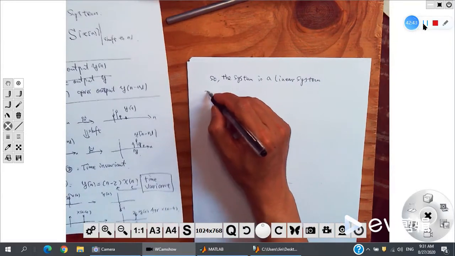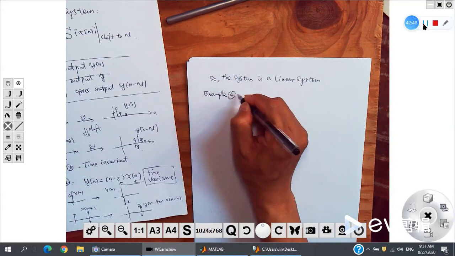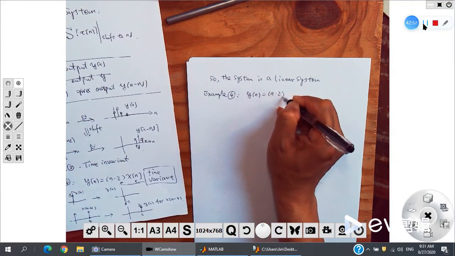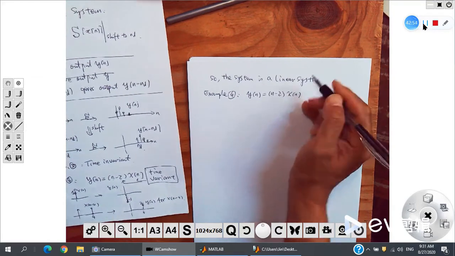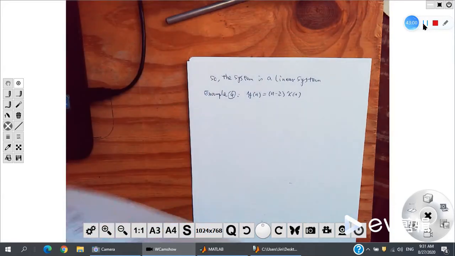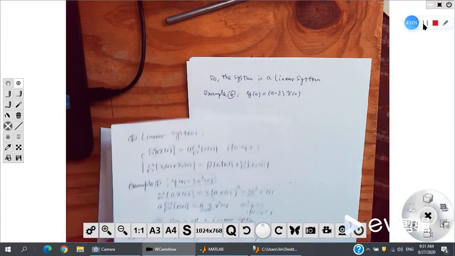Yeah, example 4, y of n equal to n minus 2 times x of n. So whether it is linear or not, similar thing. We check the two features of a linear system. Those two features are here. Okay.